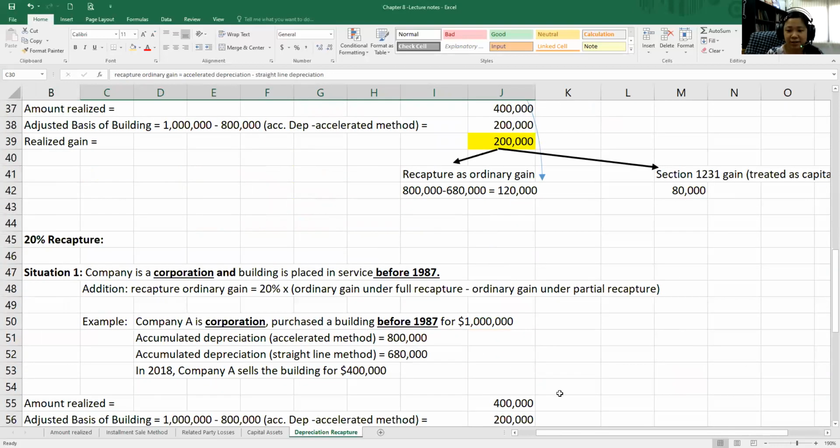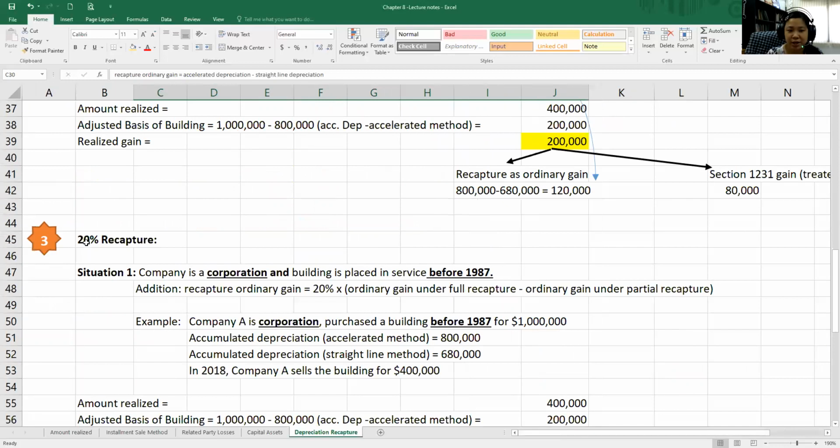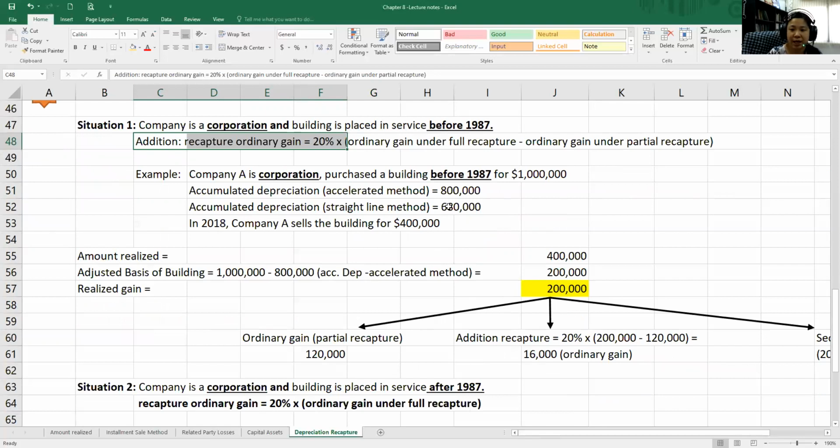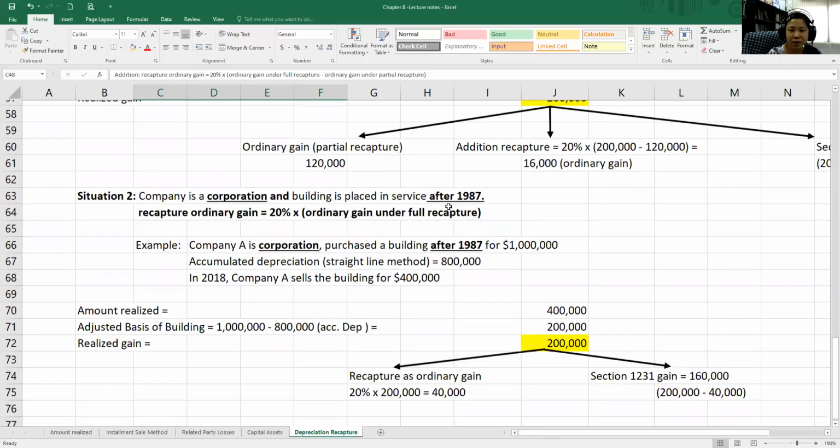The third type is 20% recapture. The company should be a corporation and we purchased the asset before 1987. Then there is an additional recapture of ordinary gain, which is 20% of the difference between ordinary gain under full recapture and ordinary gain under partial recapture.